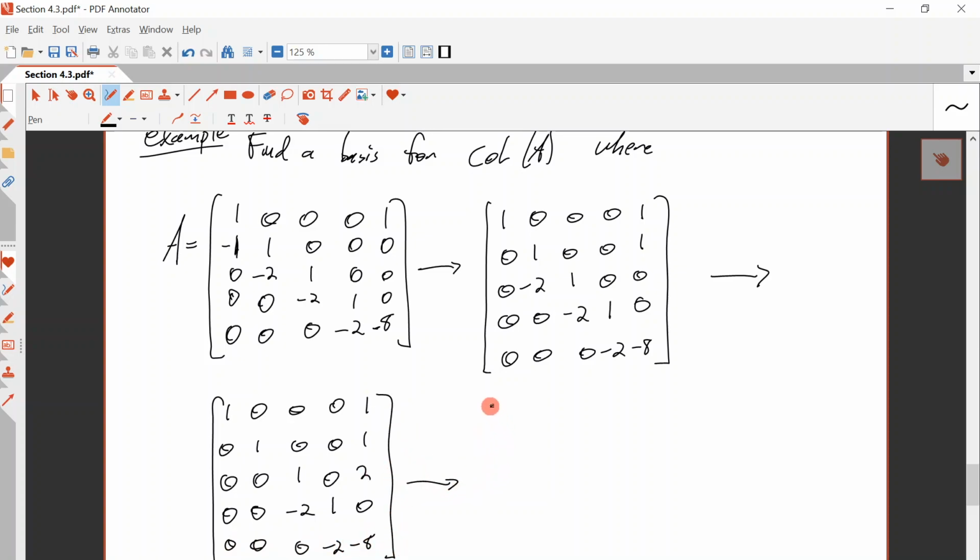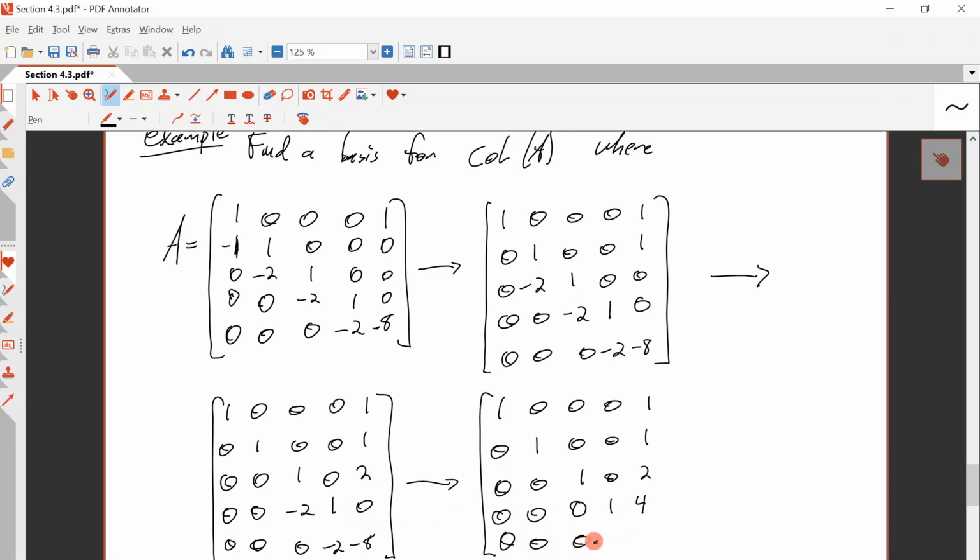Okay. Adding row 3 to row 4 twice. So this is going to be minus 2 plus 2 is 0, 1 plus 0 is 1, and then 0 plus 4 is 4.